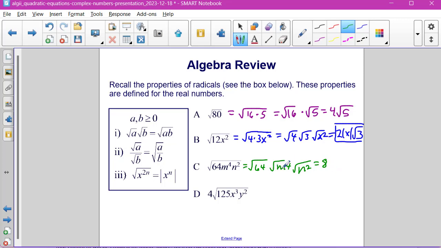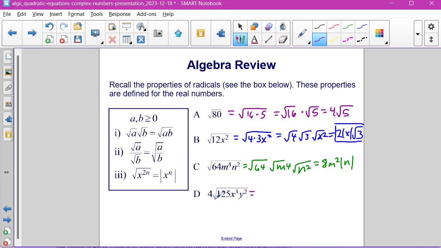When we square root m to the 4th, we get m squared. So we went from even to even, so we do not need the absolute value. But now when we do the square root of n squared, that's just going to be n. So we need to put it inside of the absolute value because we went from an even exponent to an odd exponent. Now let's look at our last problem.